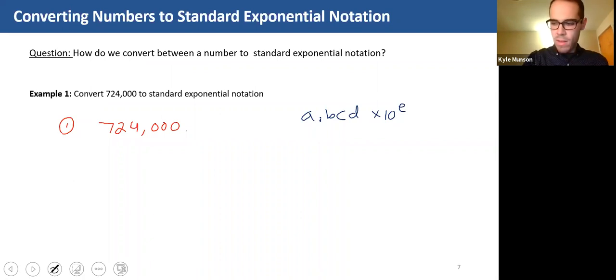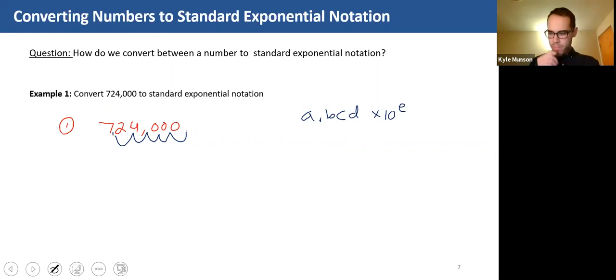So let's do that. 1, 2, 3, 4, 5. So I moved over 5 places, and I put the decimal point here now.